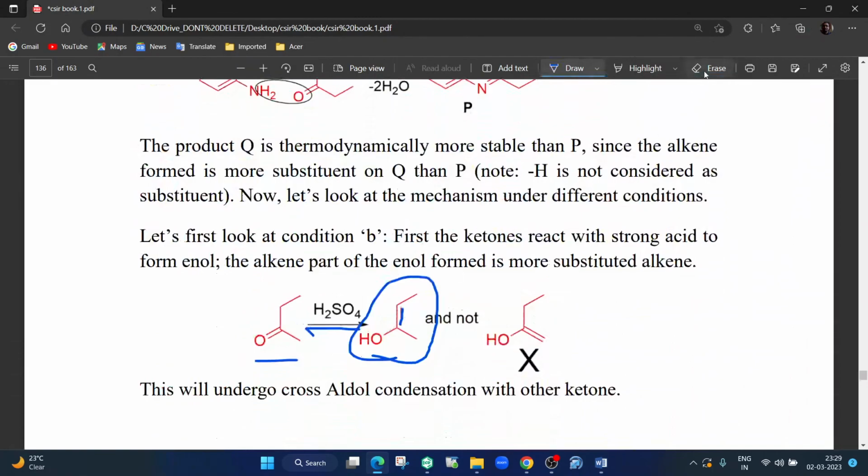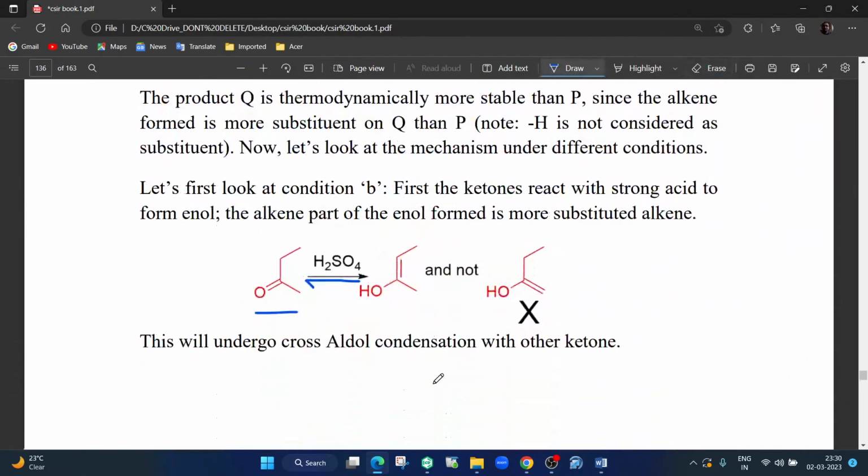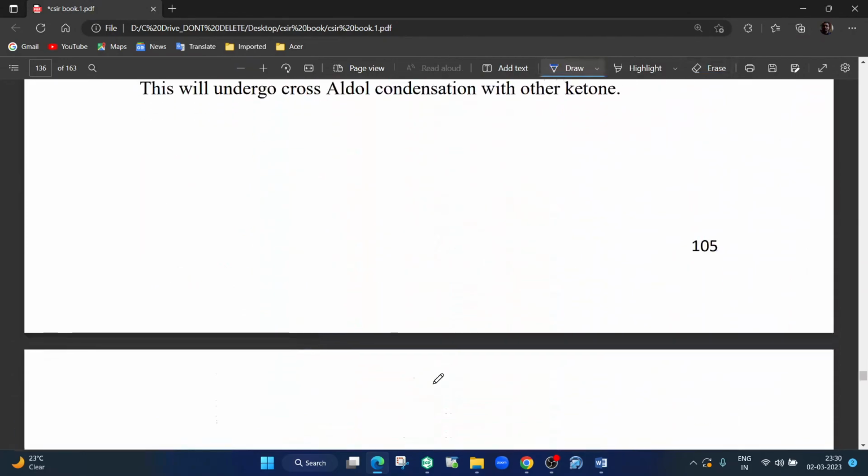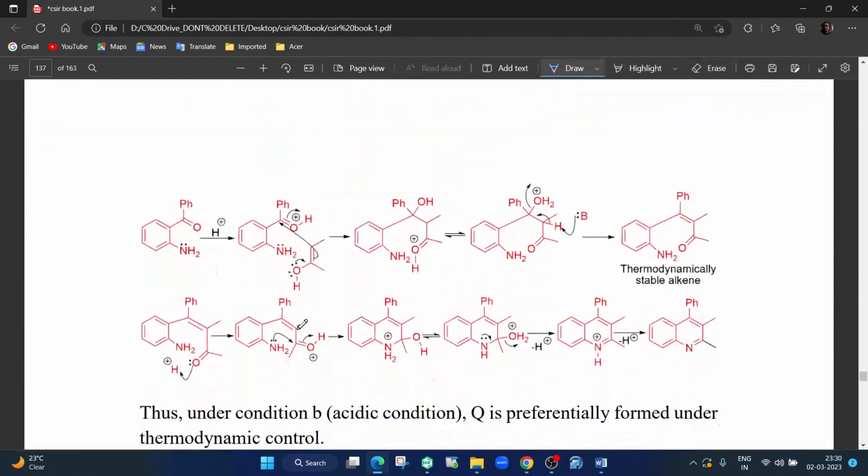So one thing is very clear, under condition B, that is acidic condition, the reaction is under thermodynamic control. Second thing is it should give you the more substituted alkene, that is product Q, right. Then this will undergo aldol condensation with the other ketone. So let us see this reaction.